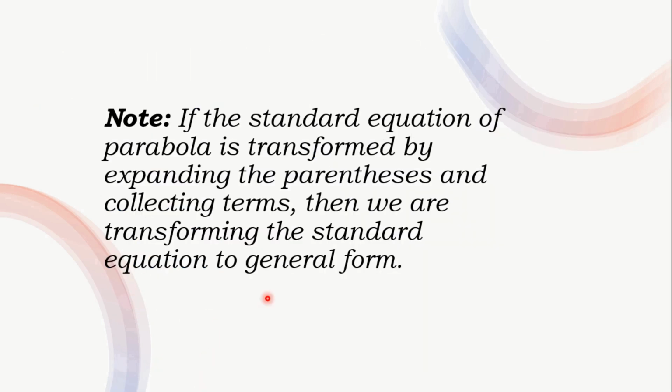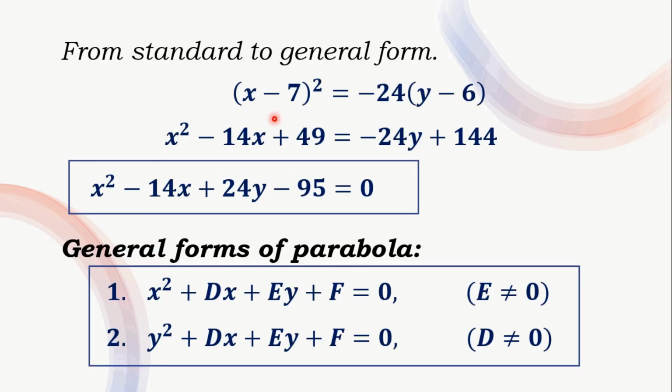If the standard equation of a parabola is transformed by expanding the parentheses and collecting terms, then we are transforming the standard equation to general form. For example, the standard form, the square of the quantity x minus 7 equals negative 24 times y minus 6, is simplified.